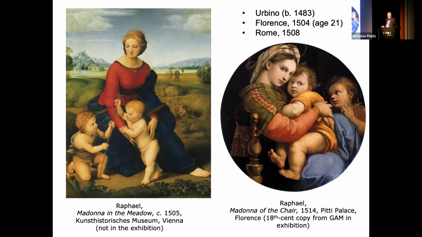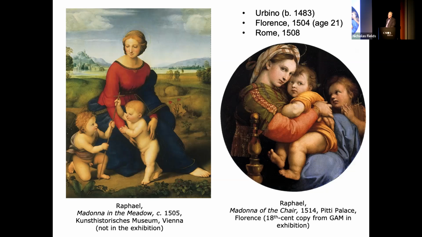And by the age of 21, he moves to Florence. After 1504, he's painting Madonnas in his mature independent style that become very widely recognized and prized. He painted many, many Madonnas and children, and this one is a prime example. It's not in the exhibition.